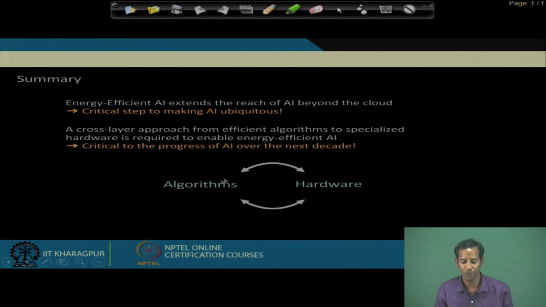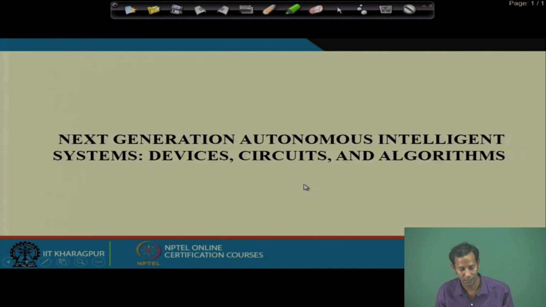Here we need innovation; there is challenge and scope in algorithm development for AI as well as hardware development for AI.